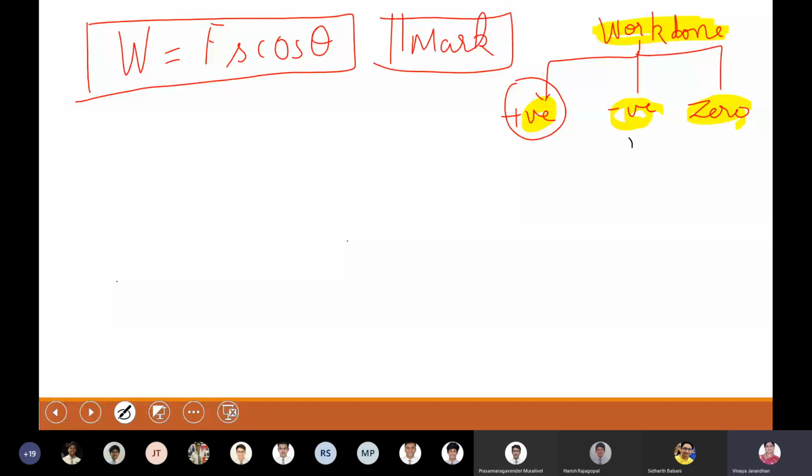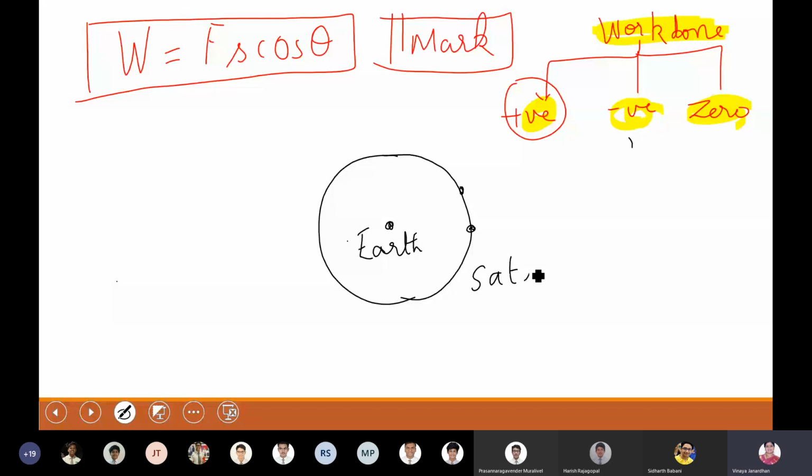Now we'll see why the work done is zero. Suppose, say a satellite, actually it's an elliptical orbit, but we'll take a special case of your ellipse as circle. A satellite is revolving around the earth in an orbit, right?